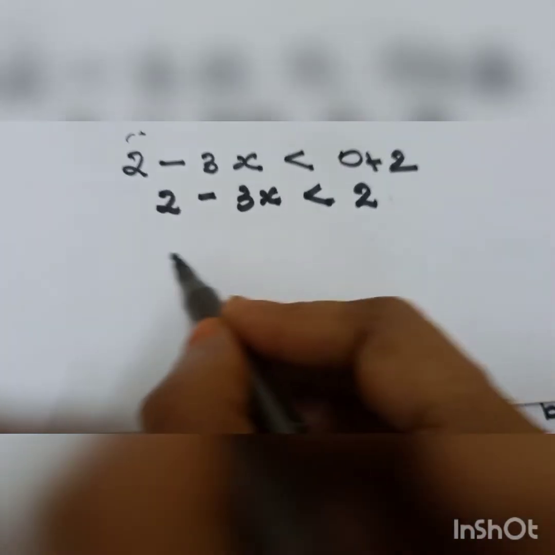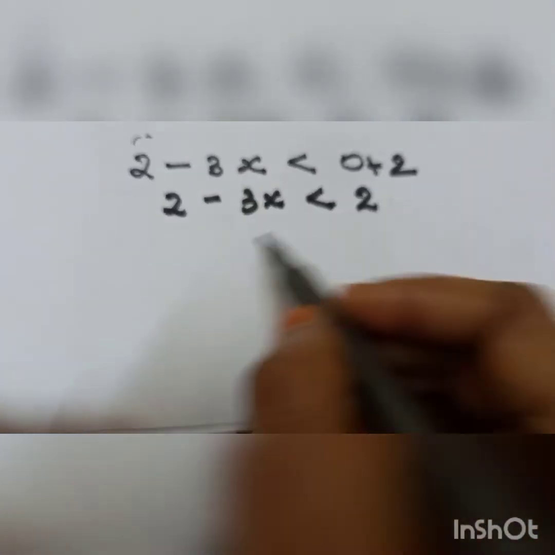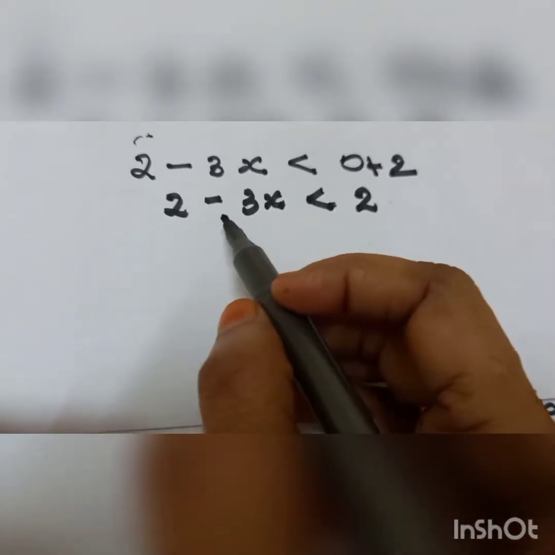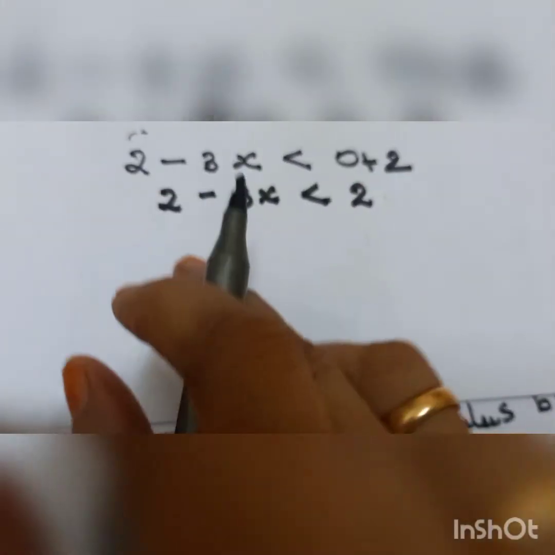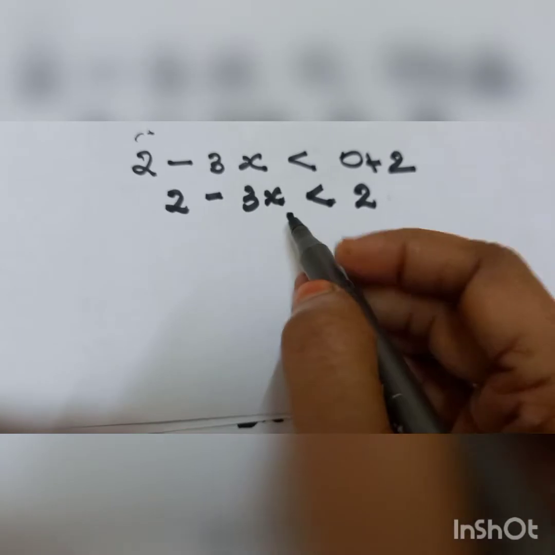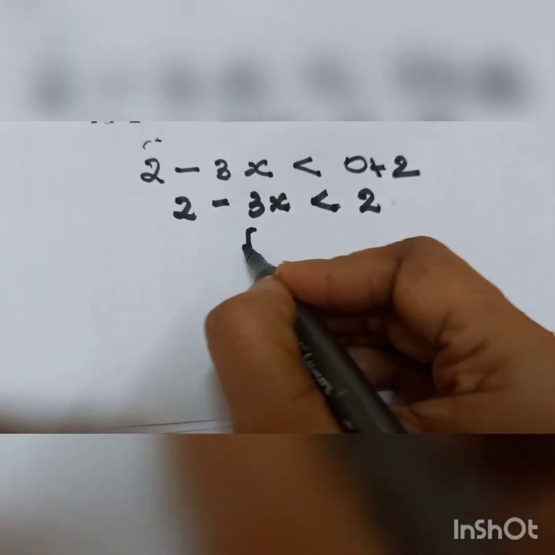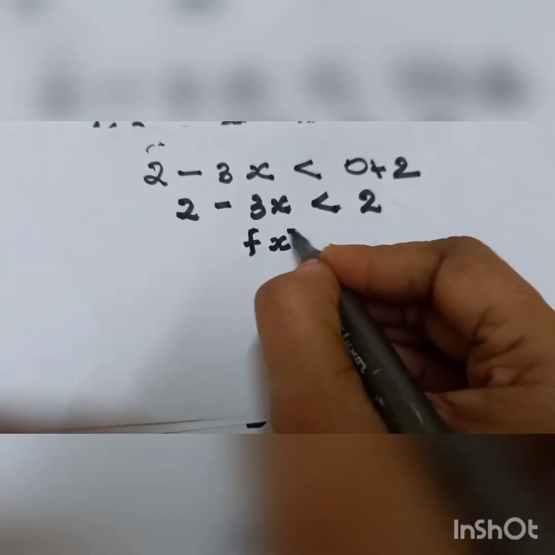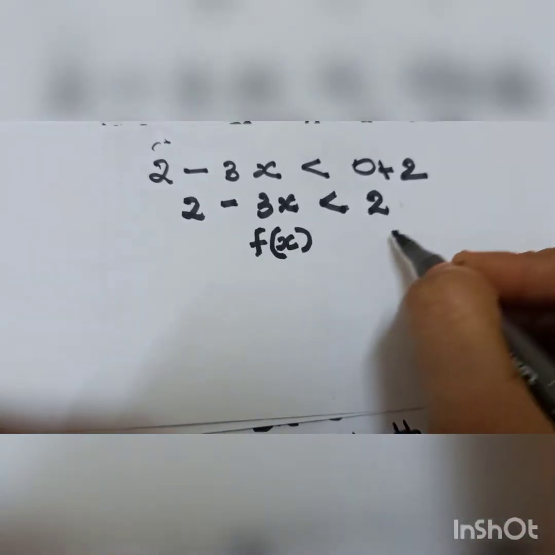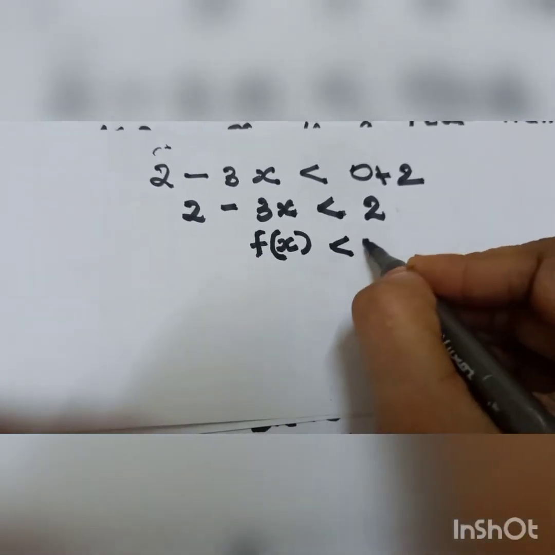Okay, is it clear for you? Then what is 2 minus 3x? From the question, 2 minus 3x is f of x. So we can write f of x is less than 2.